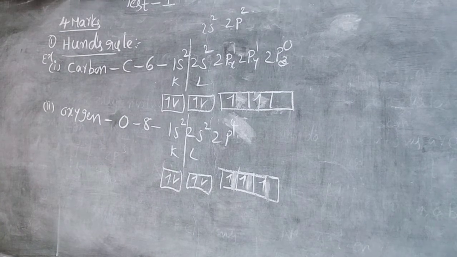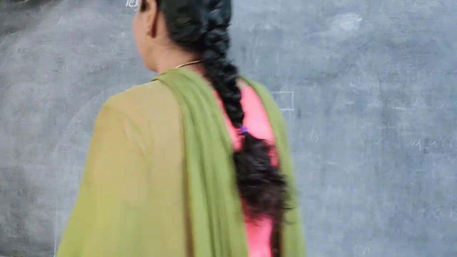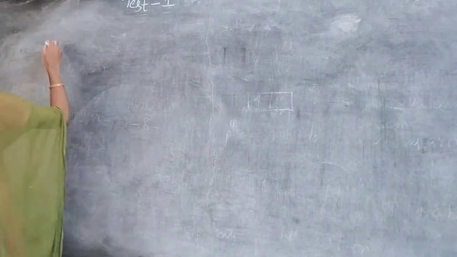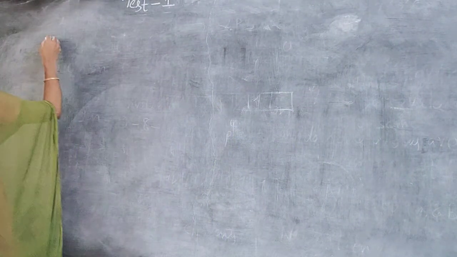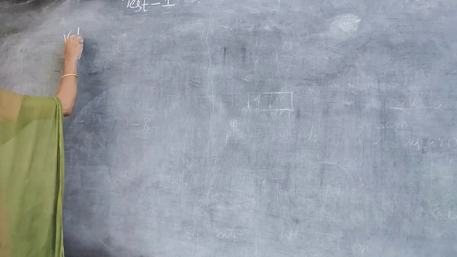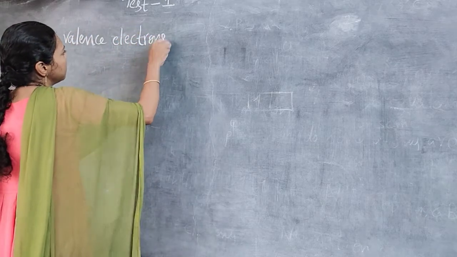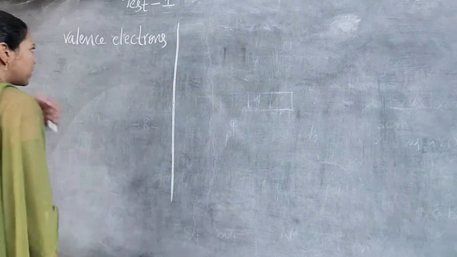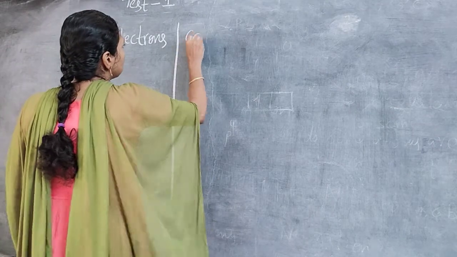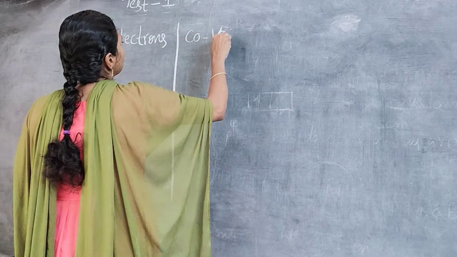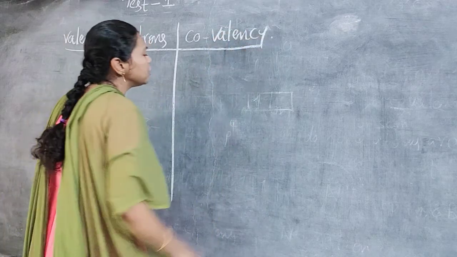And the same in this internal choice question: write the differences between valency and covalency. Differences means you must draw a table and write at least 5 points for 4 marks.